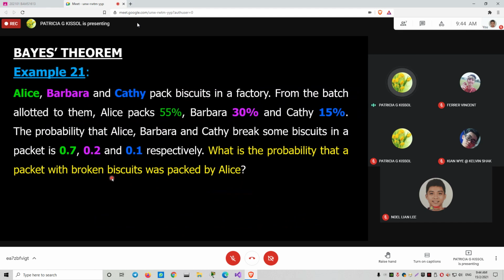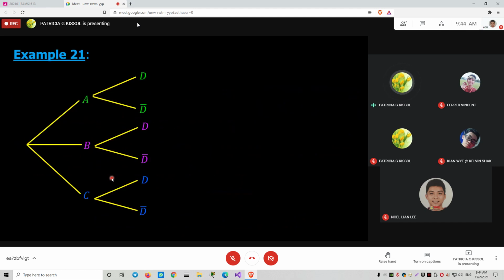So in order to solve this, a good way is using a probability tree. If you remember the previous example, we used a Venn diagram to help us solve the probability question. We also did another example using a contingency table.